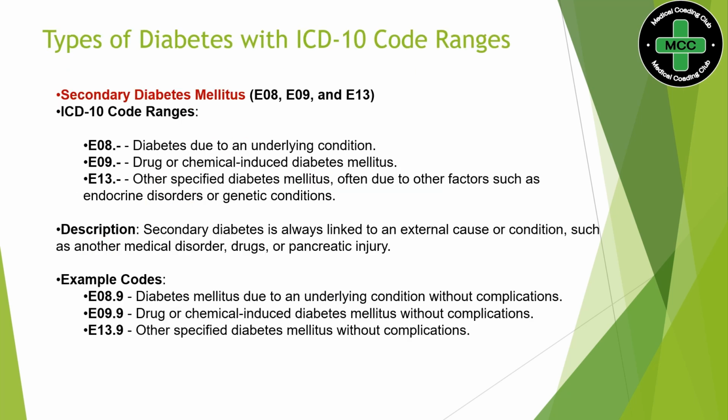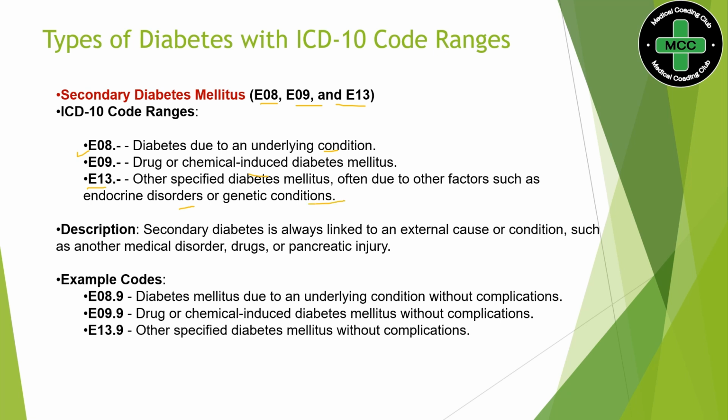Next we have secondary diabetes mellitus, whose code ranges are the E08 series, E09 category and also E13 category. E08 belongs to diabetes due to underlying condition. E09 belongs to drug or chemical induced diabetes, and E13 is other specified diabetes mellitus, often due to other factors such as endocrine disorder or genetic conditions.